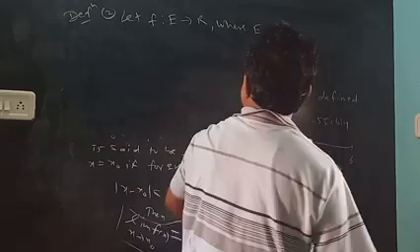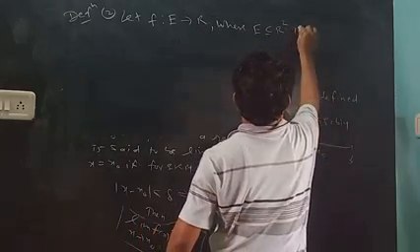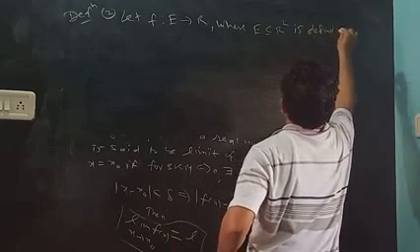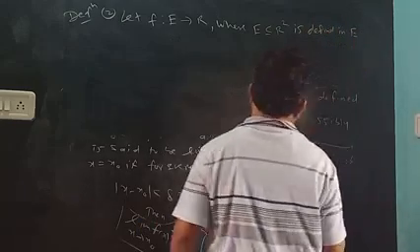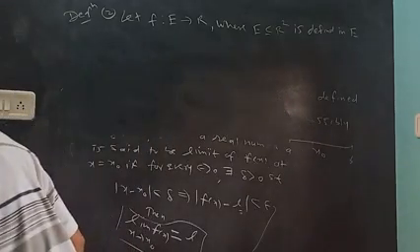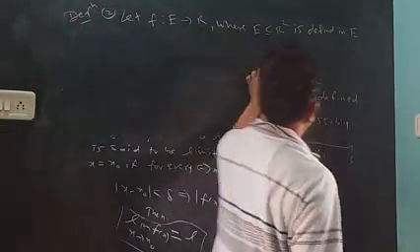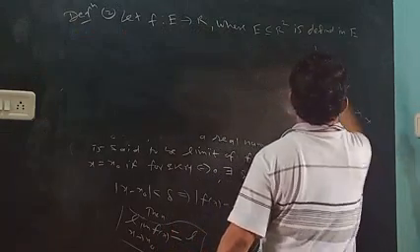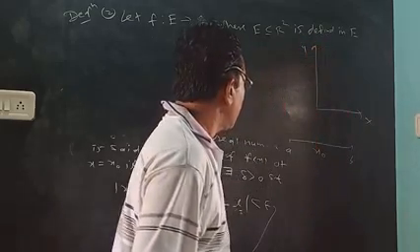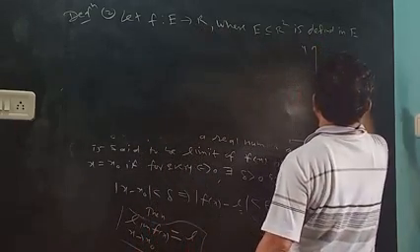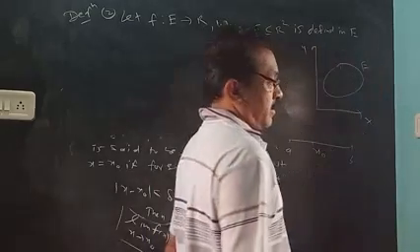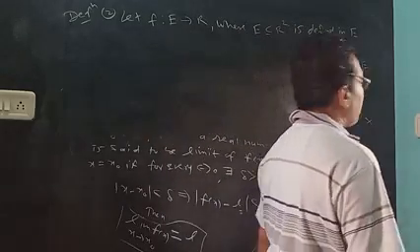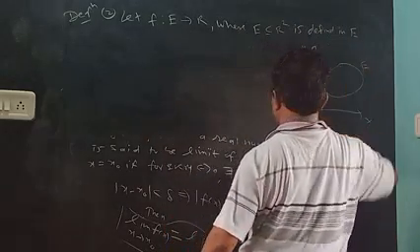Two dimension is the plane, one dimension is an interval. Now two dimension has x axis and y axis, and E is a set, a subset of R2. R2 means two dimension, the xy plane.